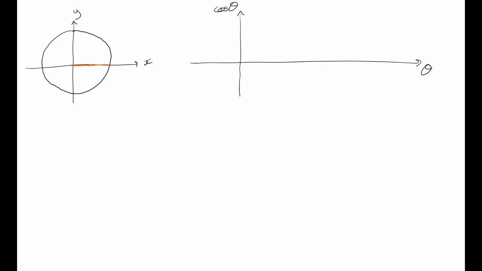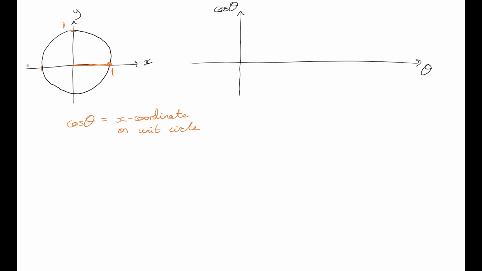And so I want to know when theta is equal to 0, what is cos theta? Well, we said, as always, cos theta is equal to the x-coordinate on the unit circle.